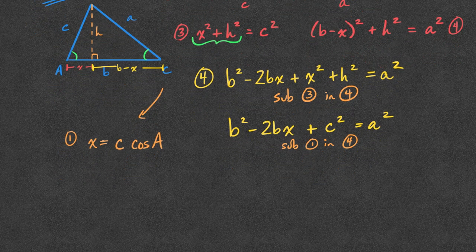Okay, I'm going to slide that up a little bit. Now what I have is a b squared minus 2b. I can replace my x with what it's equal to, c cos A. I finish off my equation, and there we go.